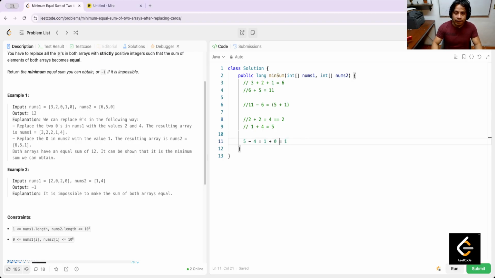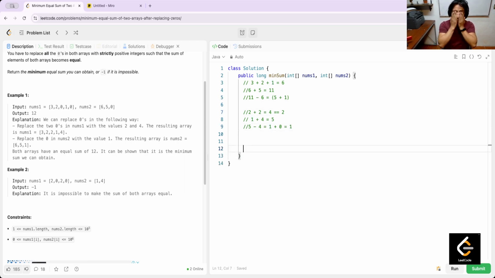Okay, now I think that the first step is to traverse both arrays. In this case, I need a counter, an integer, zeros left.